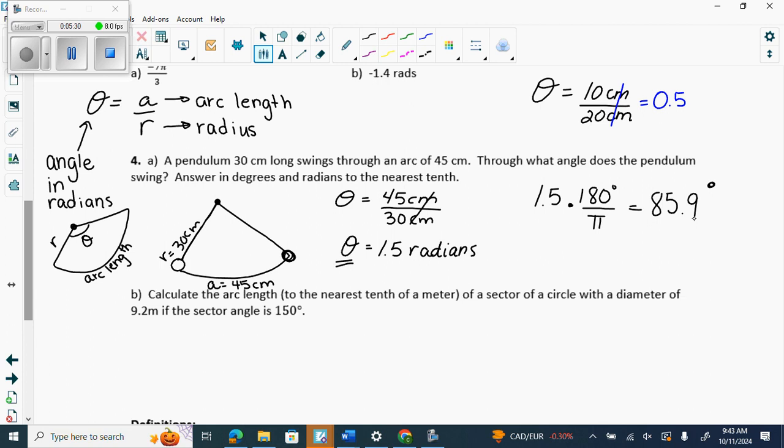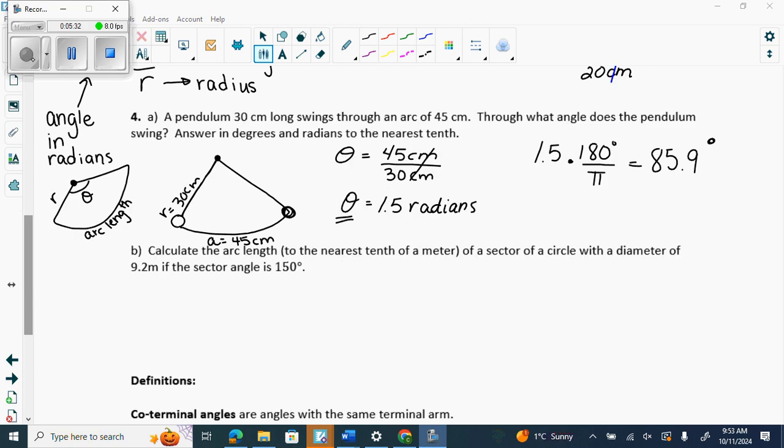You guys try B. Okay, so we have theta equals the arc length over radius, and we need to calculate the arc length. So A equals theta times R. Now, they will have the answer to you putting 150 degrees in there. They'll have that answer, right? Common error, not actually putting in radians. But remember, theta has to be radians.